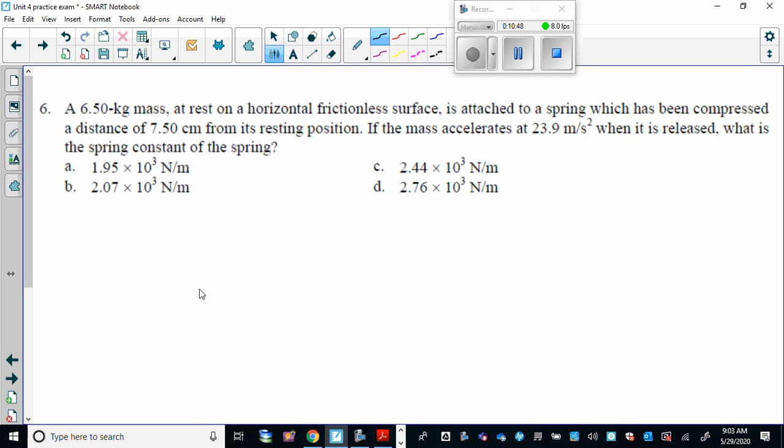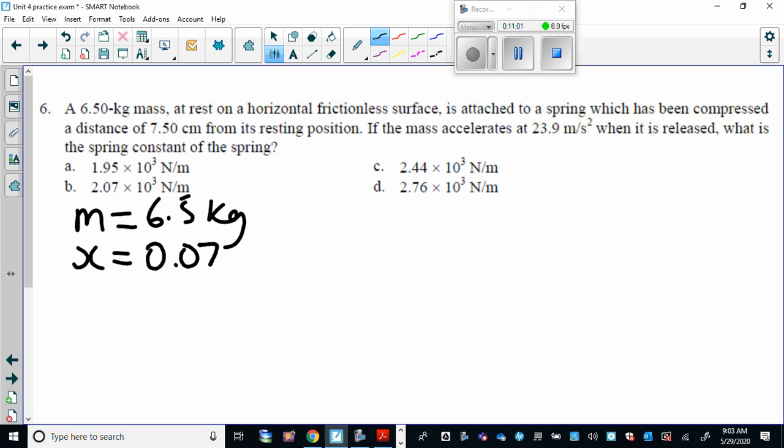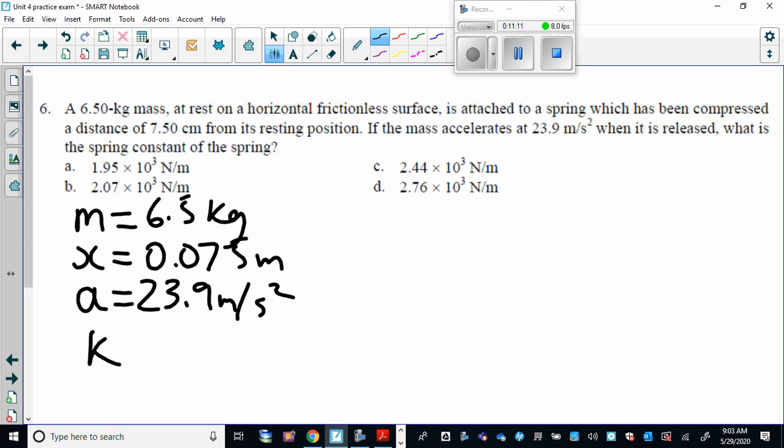Okay, this question is very similar to the previous question, except they're solving for a different variable. Right? You have the mass. You have the x value, the displacement, and this time they give you the acceleration. And they're asking you to solve for k.